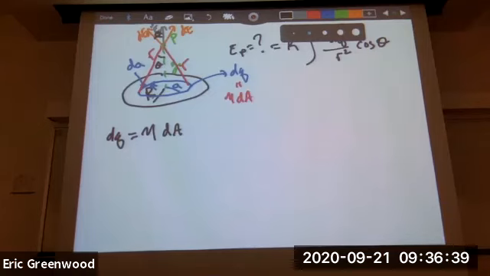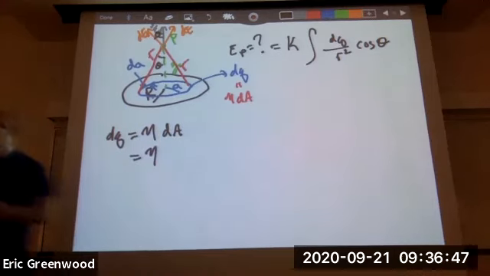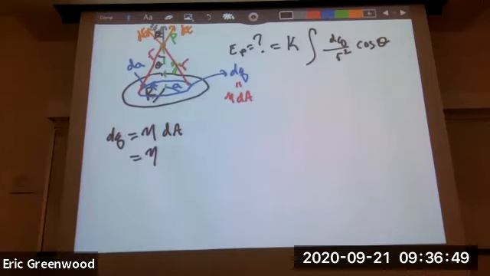Good. Now, let's work on dA. What is dA? dA is the differential area contained in this loop. Now remember, area is always going to be length times width. Or in this case, length times thickness.